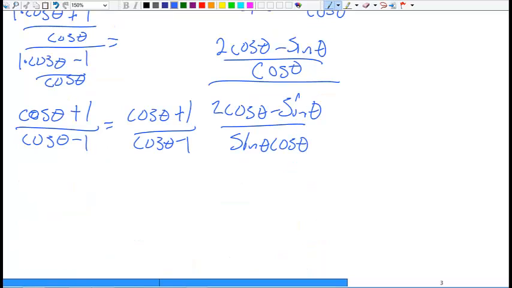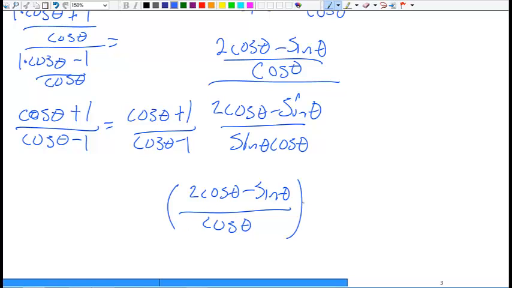I'll kind of write this out as a complex fraction, or flipped reciprocal. So I've got 2 cosine theta minus sine theta over cosine theta. That's the numerator. And in the denominator, I have sine theta cosine theta over 2 cosine theta minus sine theta.